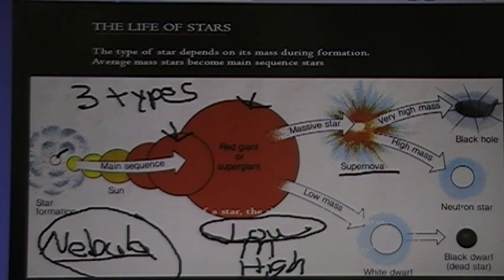The gravity is so strong that light cannot escape it. And then we also have what's called a neutron star. If the neutrons don't escape and they fall in on themselves, they'll become a very, very super dense object known as the neutron star.